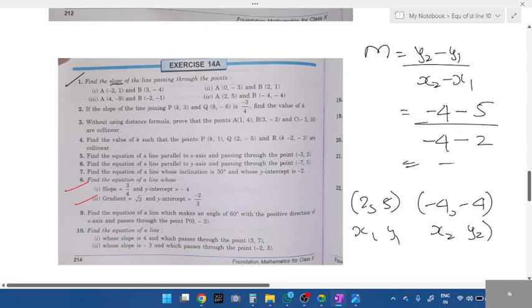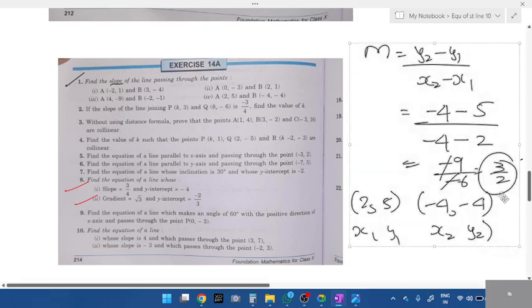So what's the answer, student? The answer is 3 by 2. This is the slope of the line passing through the points. Only one question. Tanishka, was the answer correct? Just cross it. Correct, 3 by 2 is the answer, students.